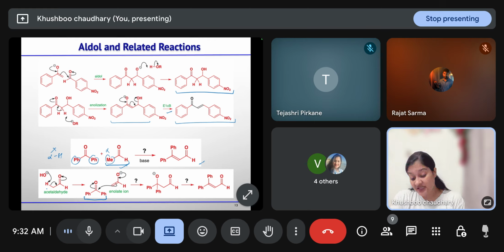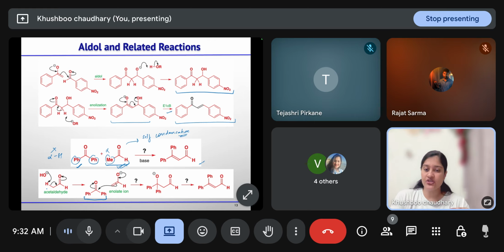Sorry, in this case your ketone is conjugated and it is not very much more reactive than your aldehyde. So in this case you may get the self condensation product rather than this cross condensation product.